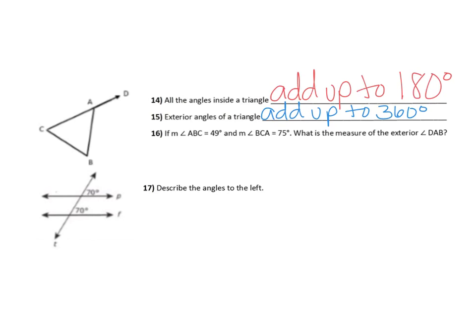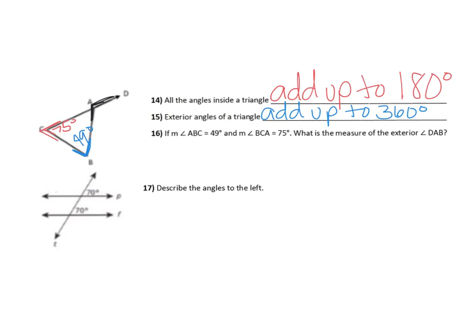If the measure of angle ABC, meaning this angle right here, letter B is the middle letter, so that's the vertex, is 49 degrees, and BCA, meaning right here, is 75 degrees, what is the measure of the exterior angle DAB? So you're looking for the outside angle.